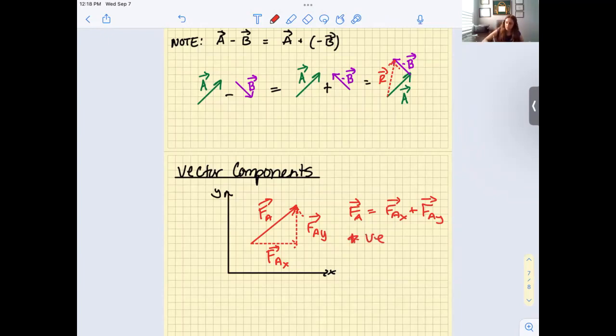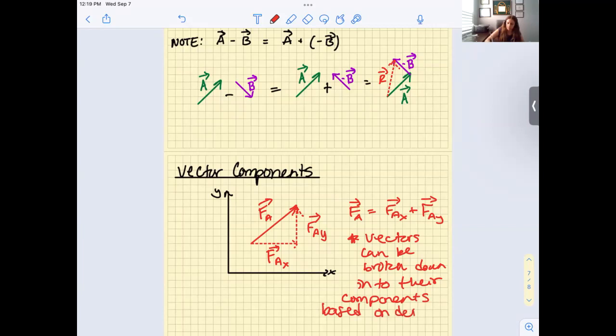So the key here is that vectors can be broken down into their components based on whatever your defined axis is.